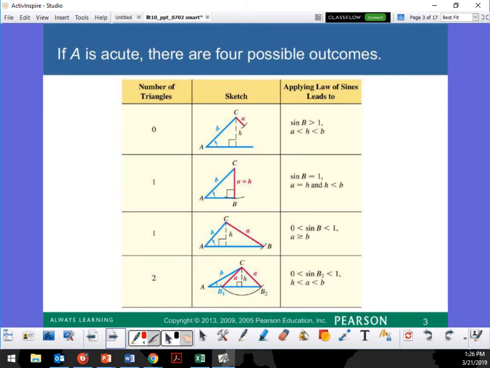If there's 0, my length for little a would be like this, so it would be 0. I would have 1 if I had a right angle here.